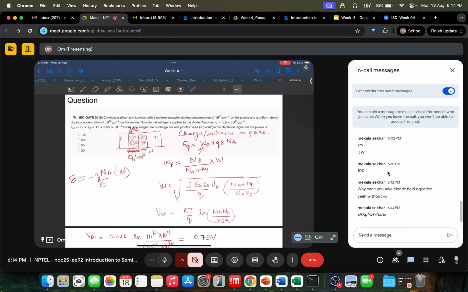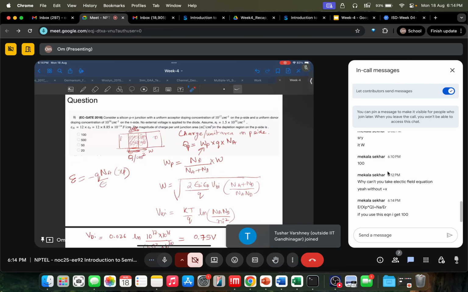So what do we do with this E upon XP? We don't know the electric field. Right? Is it given? I don't think so. Okay, let's see this.